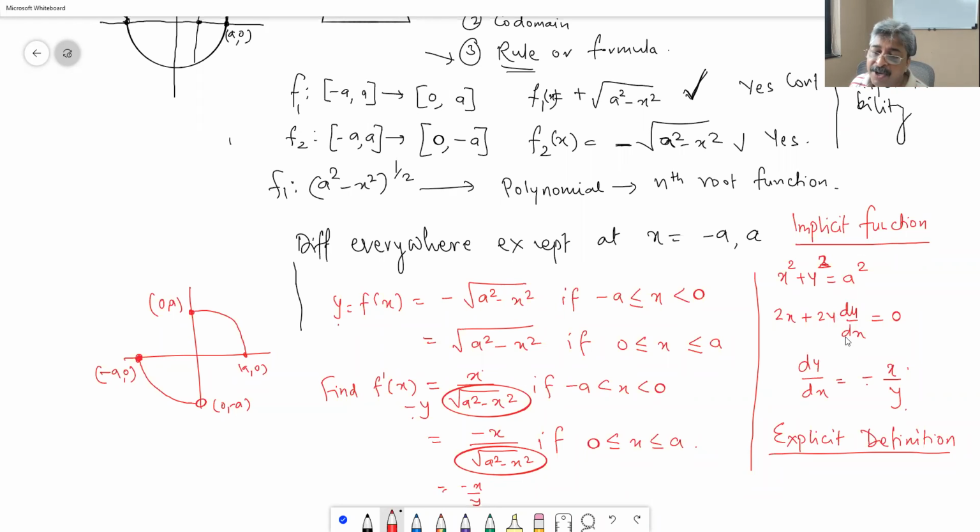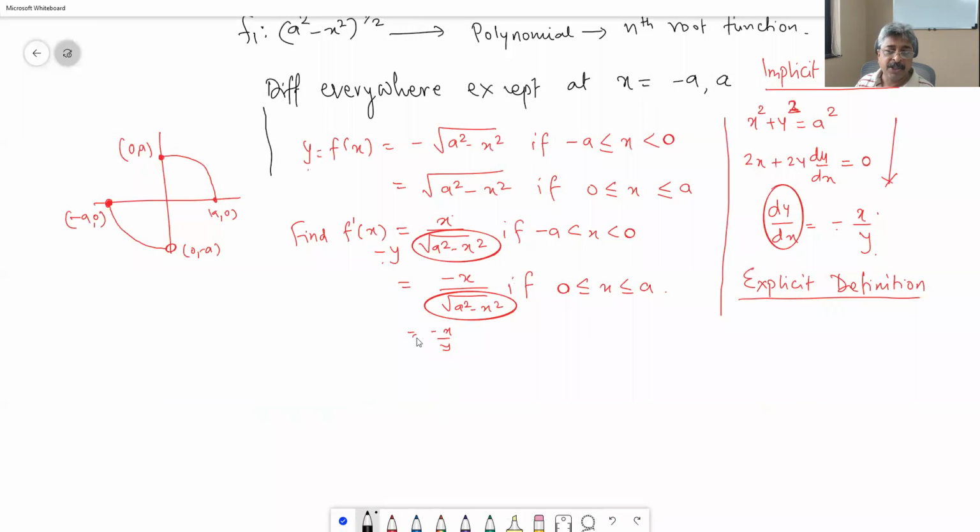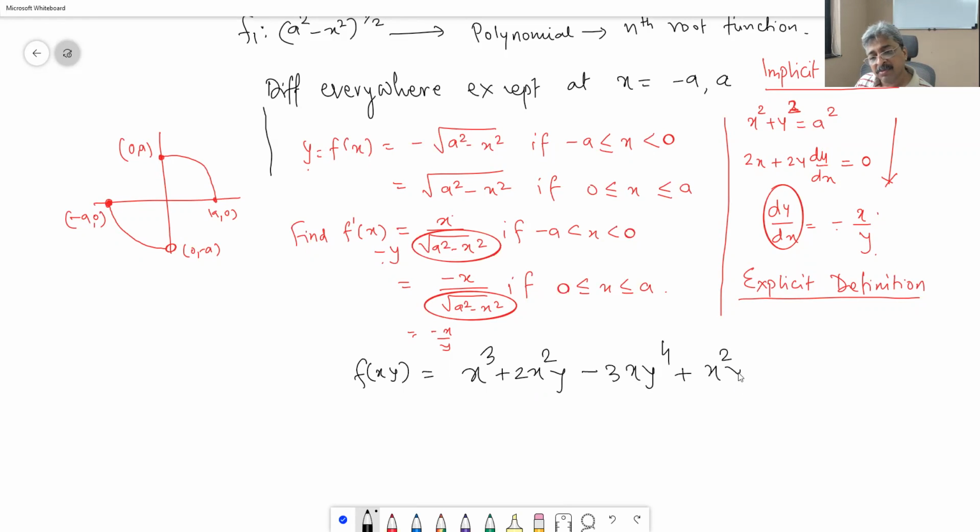And then what we find is, if we follow this mechanism of finding dy by dx, so wherever it is, I mean, not necessary. If we write a big polynomial mixture, maybe a pair of lines or something like that. So relation, I mean, we can call it a relation f of x comma y is equal to, say, x cube plus 2x square y minus 3x y fourth plus x square y square minus 3, something like this.